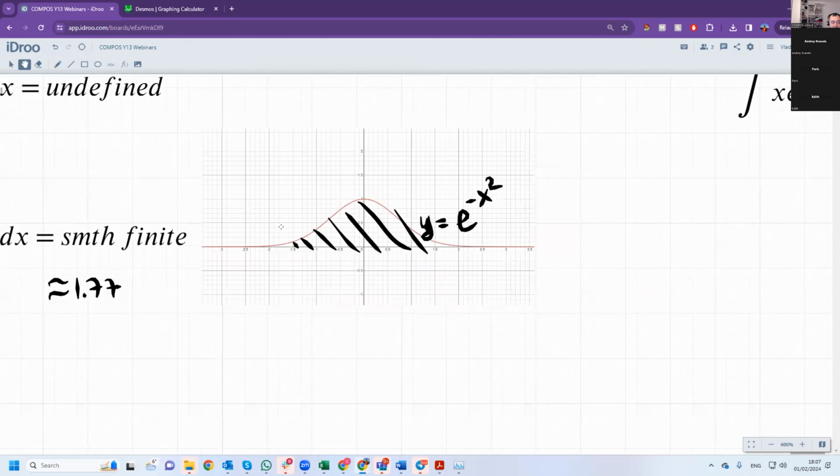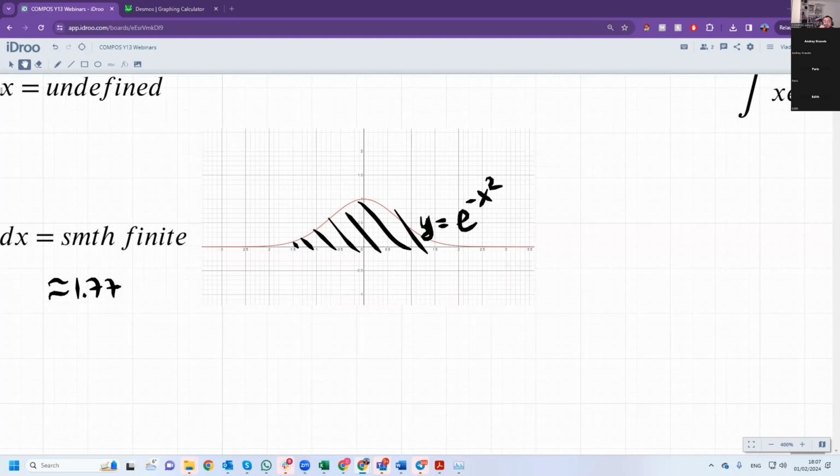Well, why does it happen? Why can the calculator do that and you can't? Can anyone guess or explain why? No, I mean you can. What other ways of finding the area under a curve did they teach you at school?